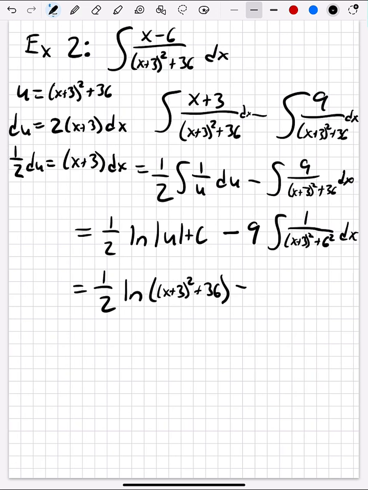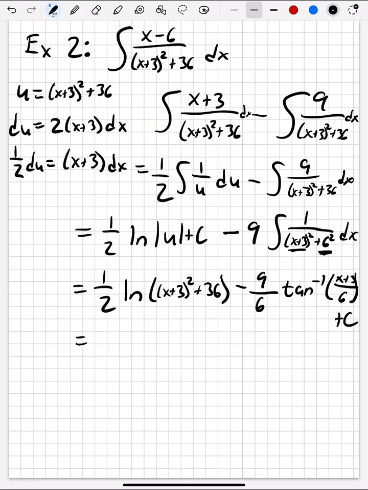So I'm going to say that's minus 9 over a, where a here is 6. 6 is my constant. The inverse tangent of u, which would be x plus 3, over a, which is 6. And of course that's all plus c.